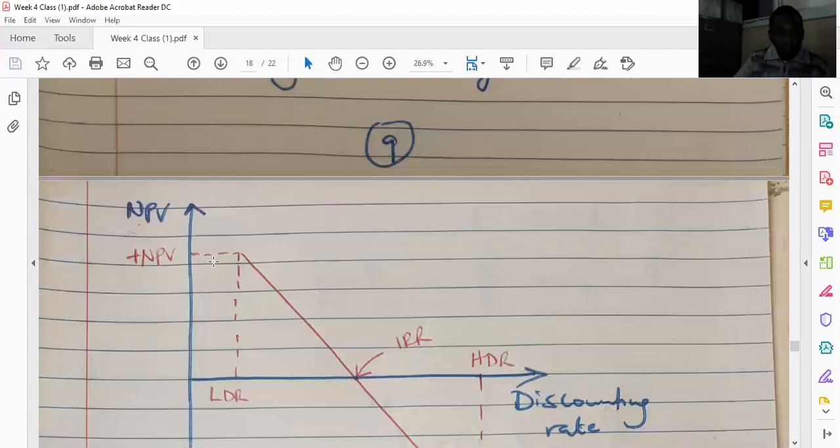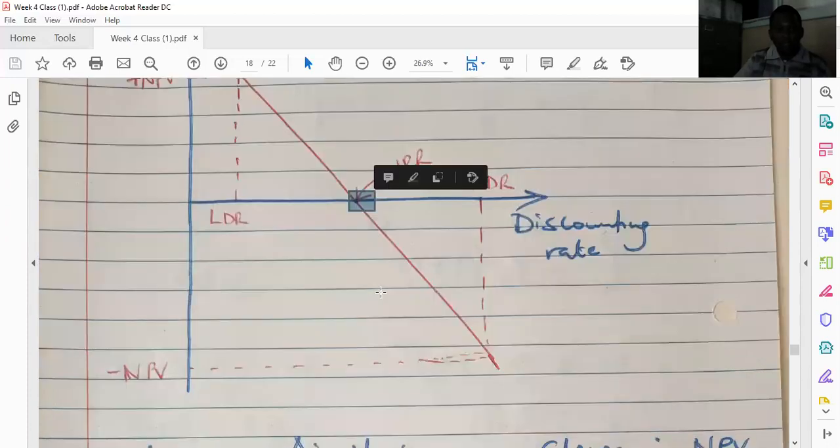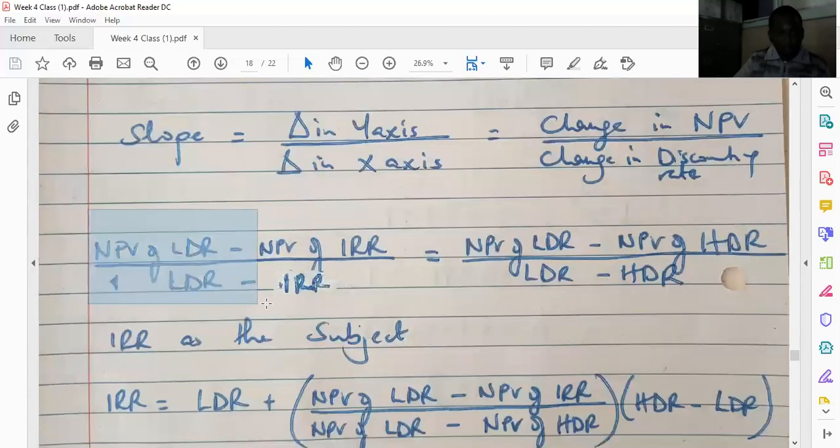So this point here. The NPV of the lower discounting rate minus the NPV of the internal rate of return, divided by the lower discounting rate minus the internal rate of return, gives us this equation.